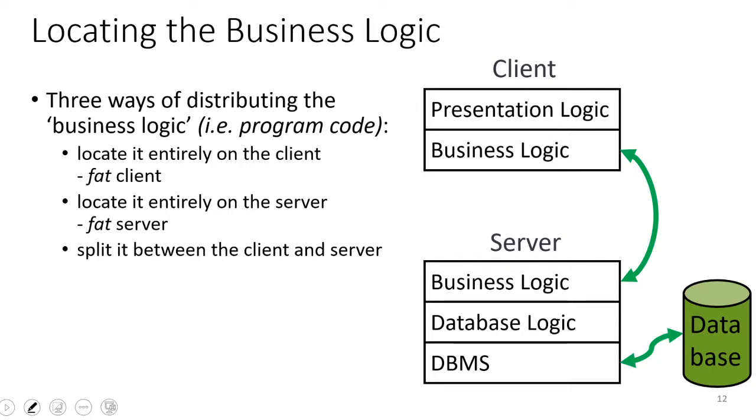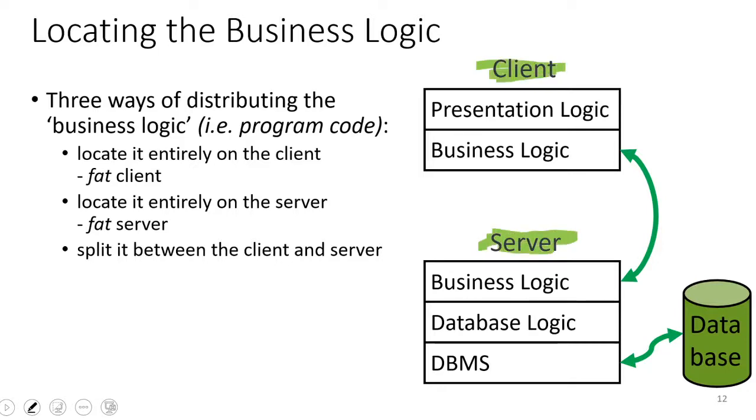Then we can also briefly talk about another variation of how we can split these things. Particularly when we were talking about two-tier architecture, we talked about how different things can be split between the client side and the server side.